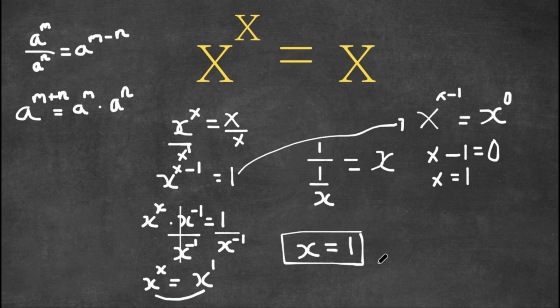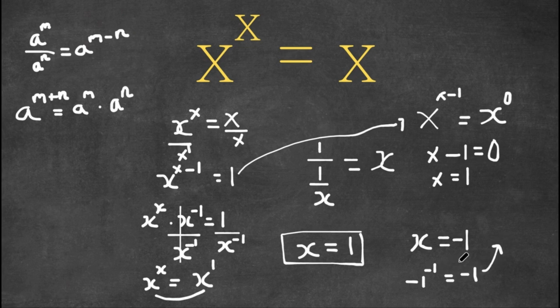However, there is actually another solution to this problem. x equals -1 would also work, because if we plug this into our equation, -1 to the power of -1 equals -1.